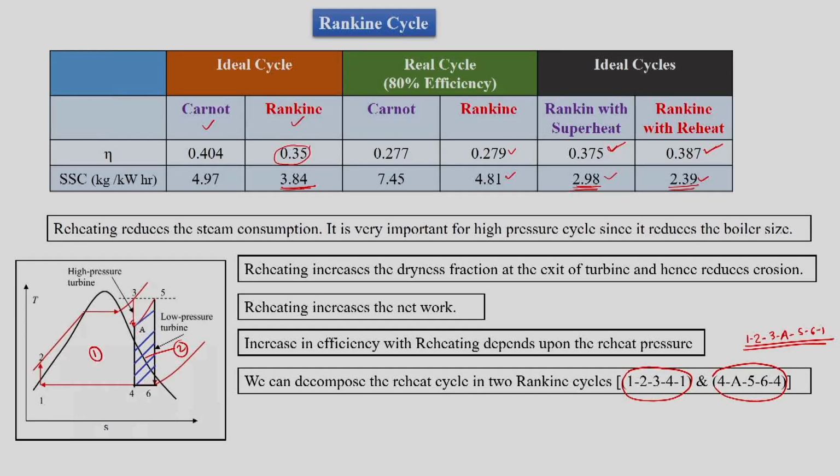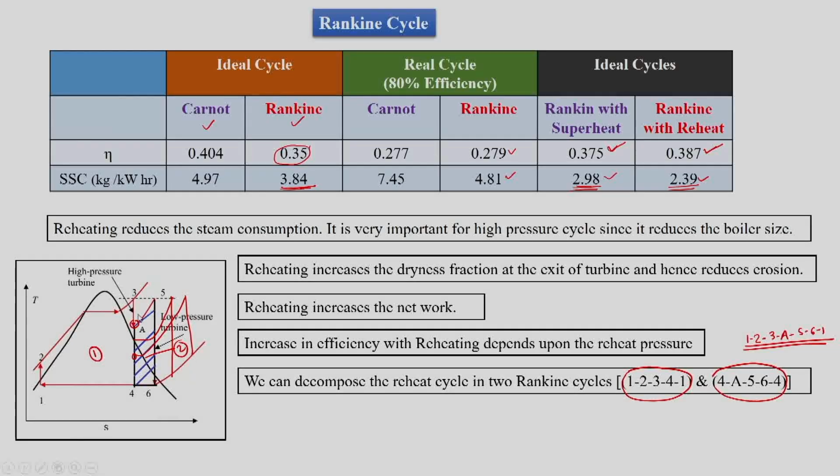This point A need not be here, this point A can be here. So in that case we will have reheat like this, and in this case we will have reheat like this, and then accordingly we will come down.